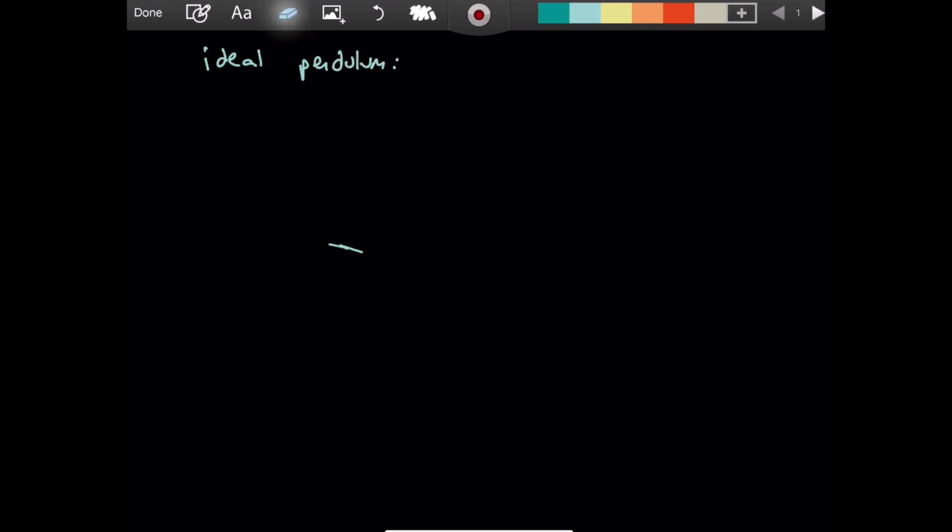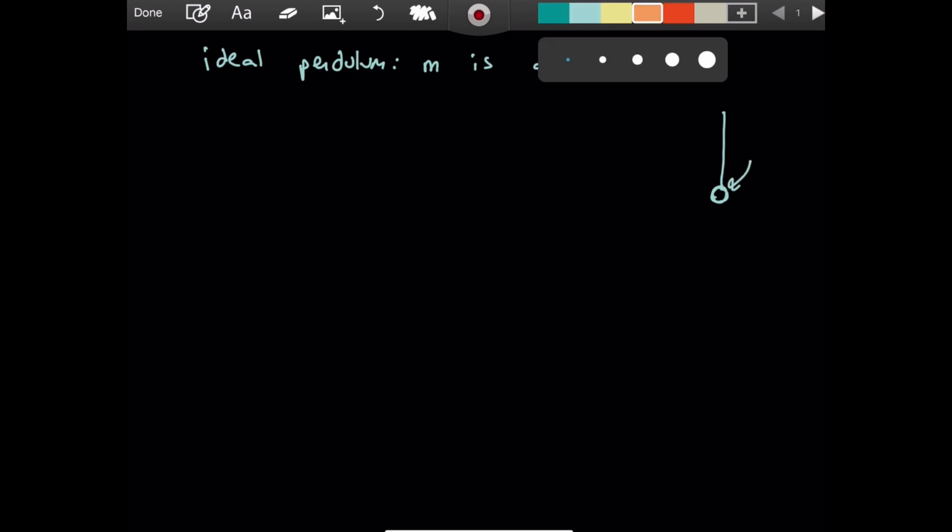Now, an ideal pendulum is such that all of the mass, which I will denote with m, is at, let's call it, the tip of the pendulum. So, if this is the pendulum, you have the mass here. You treat this object as if it is a point-like particle, and you treat the rope as if it has no mass.